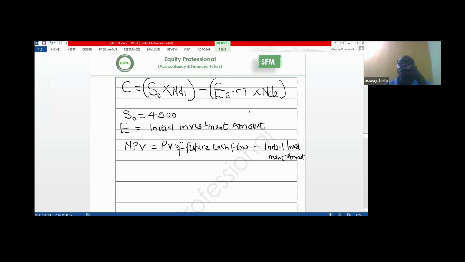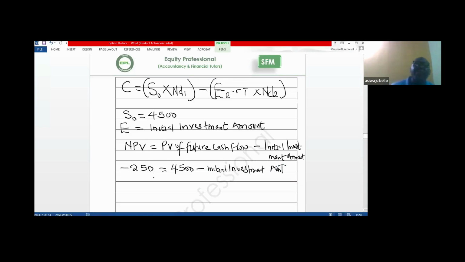We are told that the NPV is negative 250, is equal to present value of future cash flow, 4,500, minus initial investment amount.